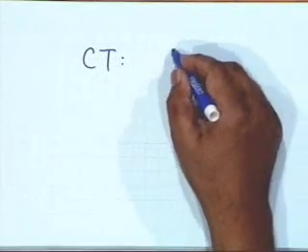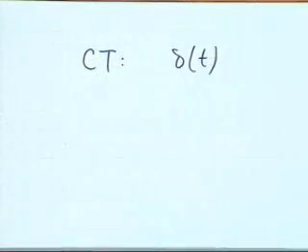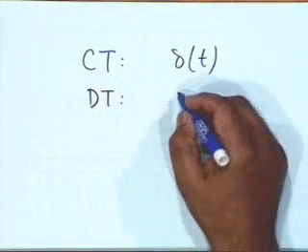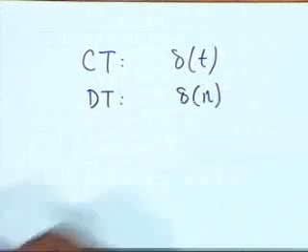And it turns out that of the elementary signals, you can concentrate on just one of them. In the continuous time system, all you have to concentrate on is the unit impulse function. And in the discrete time signals, all you have to concentrate on is delta n.